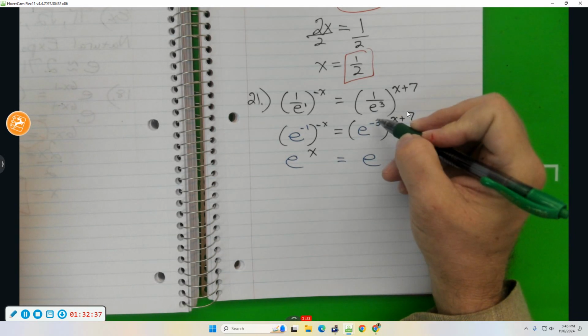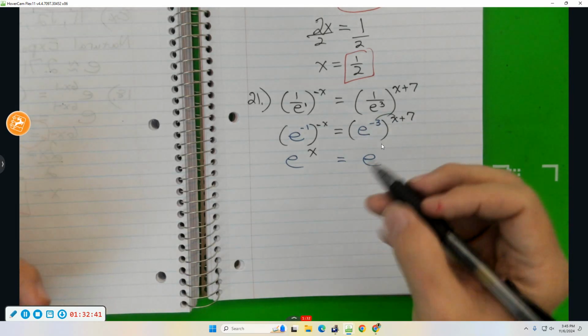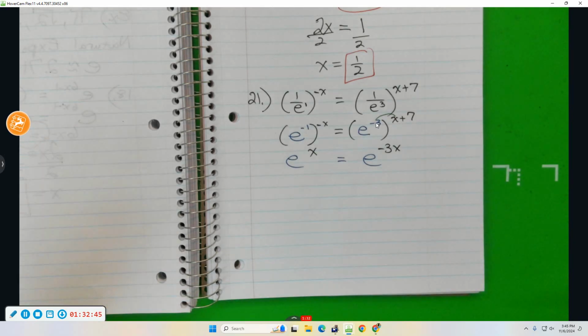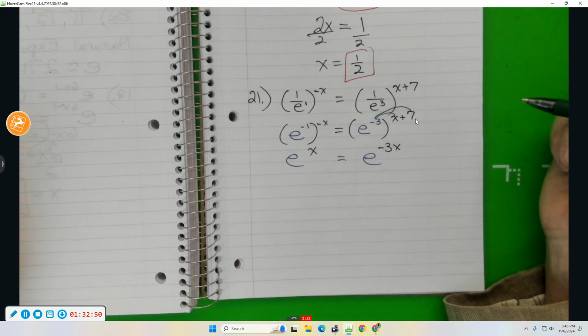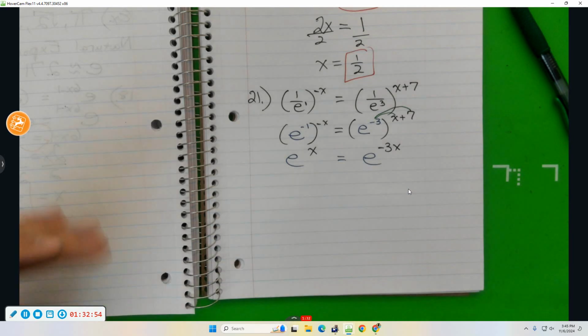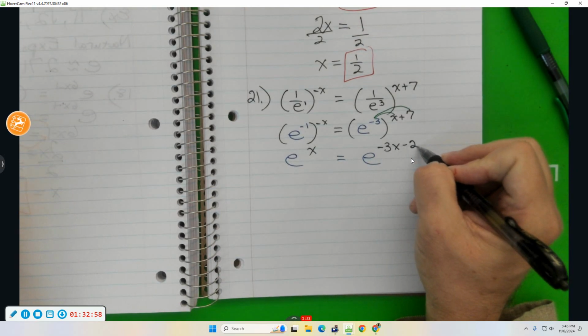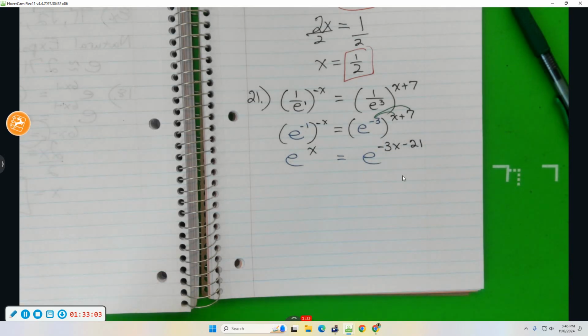Distribute the negative 3, so that's negative 3 times x, which gives me a negative 3x. And what else? We have a negative 3 times a positive 7. What's that going to give me? Okay. Is that plus 21? I think it's a minus 21. Negative times positive gives me a negative 21.